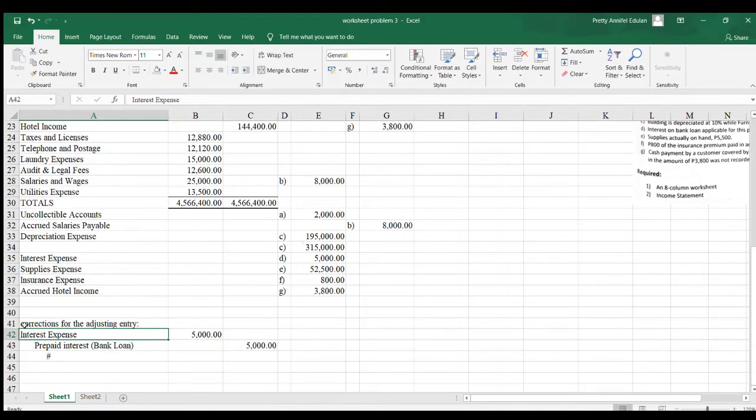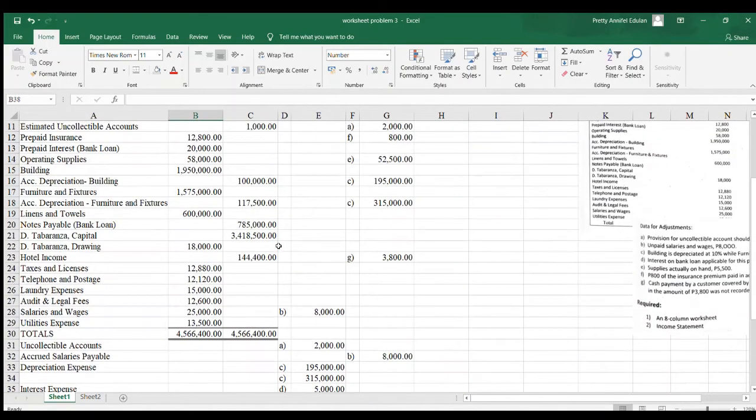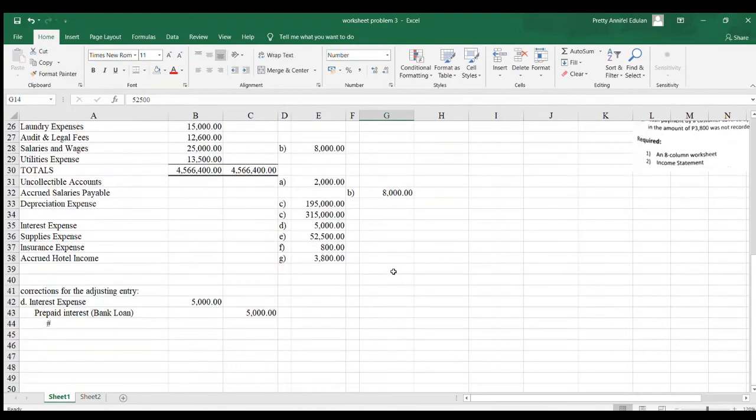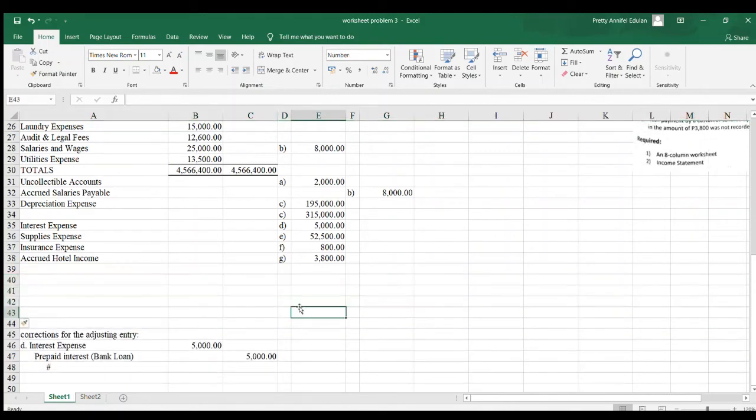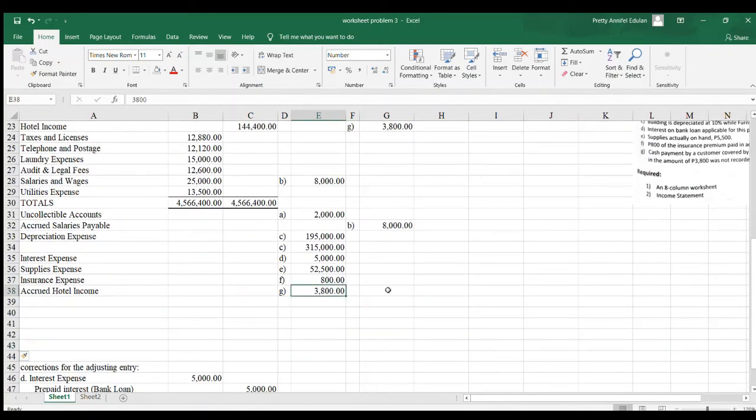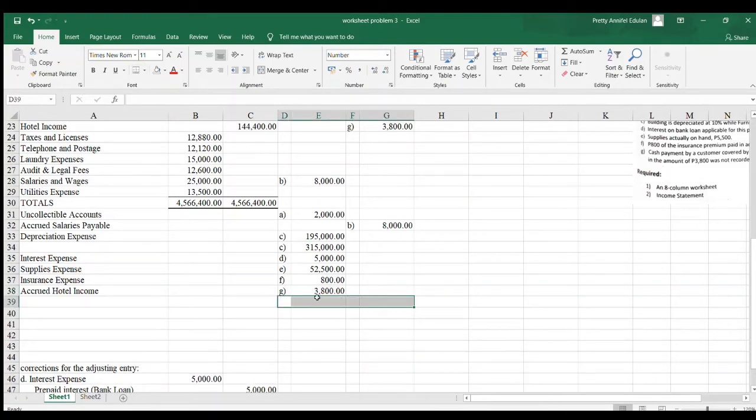So what letter is this? Letter D. So we have letter D here, 5,000. So I think we are done.